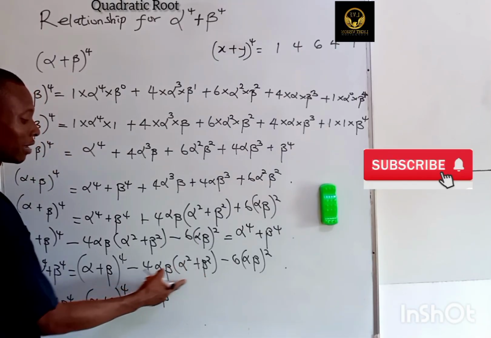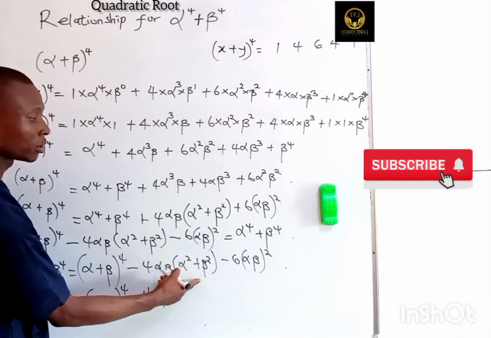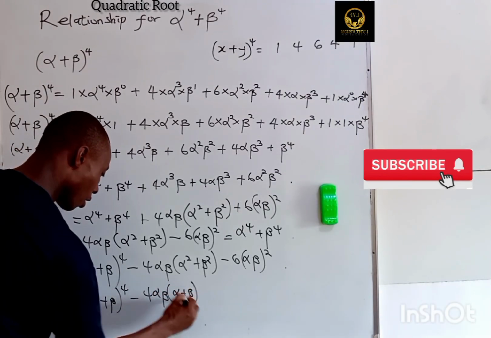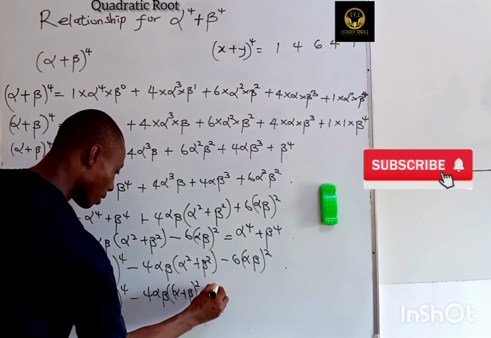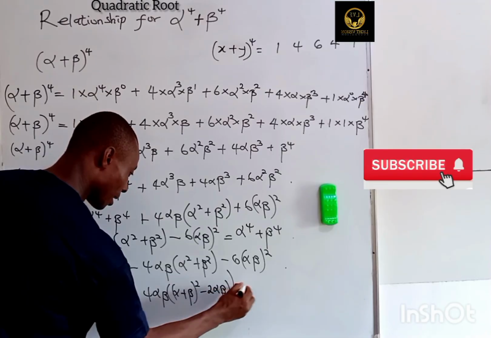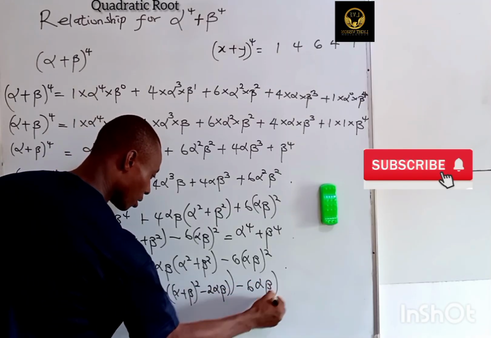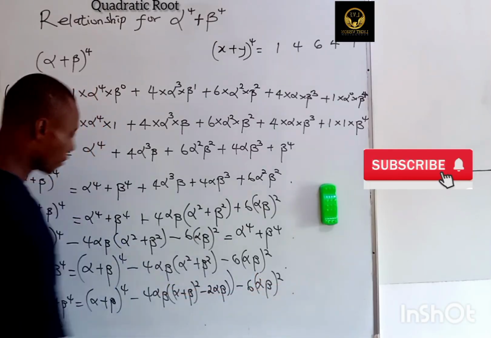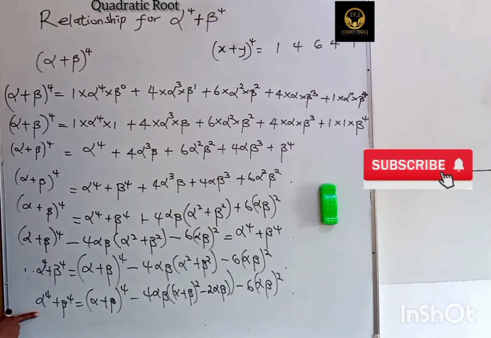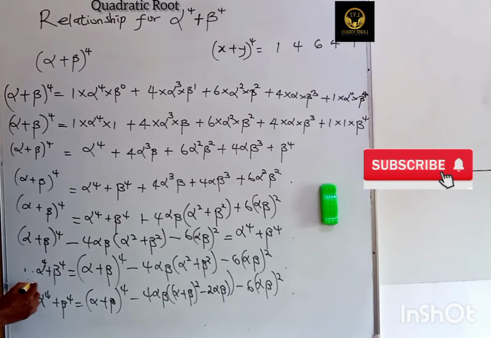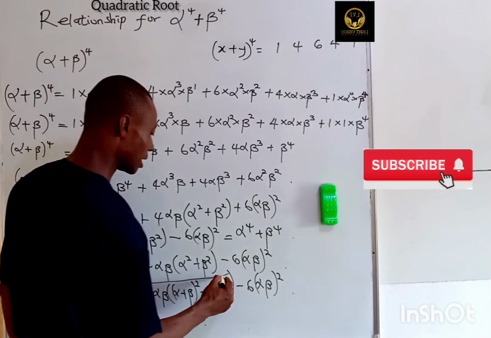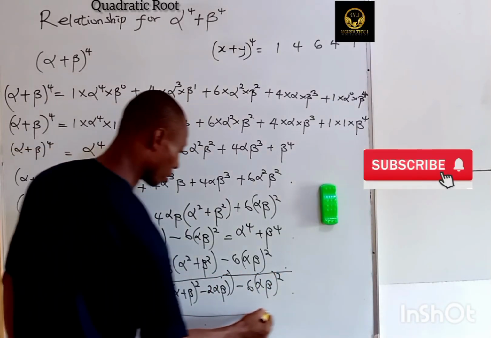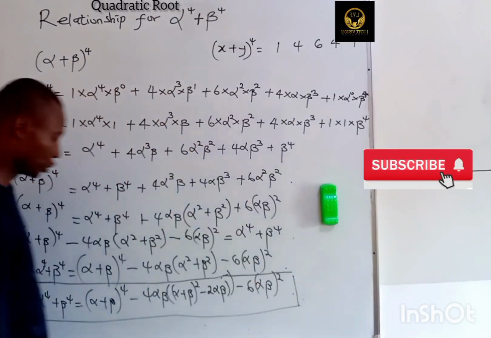Now, this has a relationship. Don't forget, alpha square plus beta square was alpha plus beta all squared minus 2 alpha beta, and then minus 6 alpha beta all squared. Now this becomes the relationship for finding alpha raised to the power 4 plus beta raised to the power 4 when you are asked to do that in finding the root of a quadratic equation.